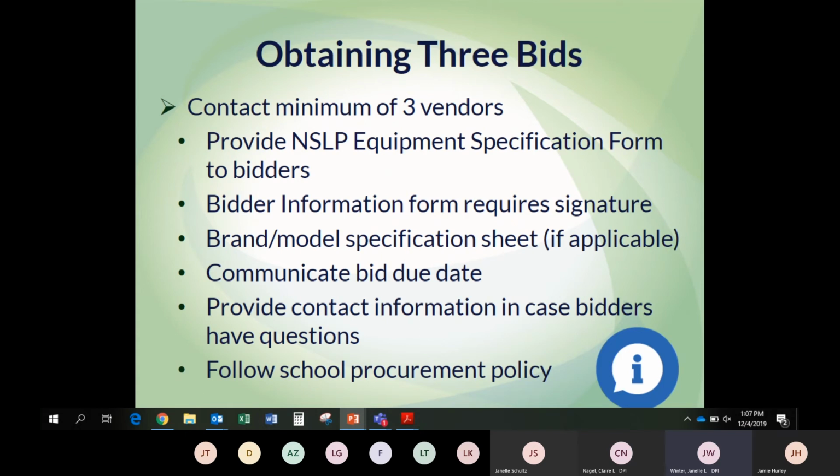Your different limits that you have in there, and some schools include that if it is over a certain dollar amount, that is also given as a public notice, whether it's published in newspapers or things like that. So make sure you're checking whatever your procurement manual is for your school.